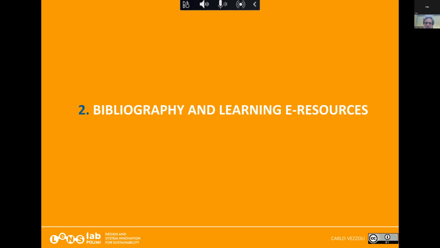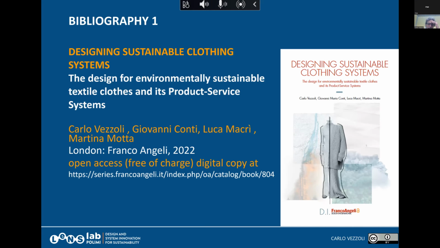Bibliography and learning resources. Okay, as I said, this is the key. I believe you already got the news that this book is available, by Professor Giovanni. Nevertheless, you can download it for free as a digital copy, it came out just recently, and you can find what we said here and even more.